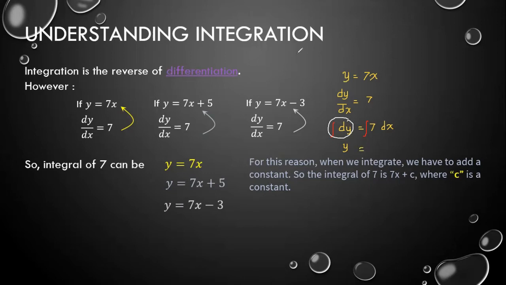So we can write, for the right side, the integration of 7 dx. So it's proven that integration is the reverse of differentiation. Is it clear to everyone?